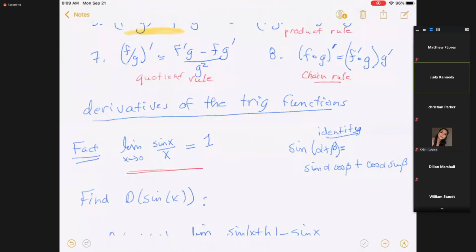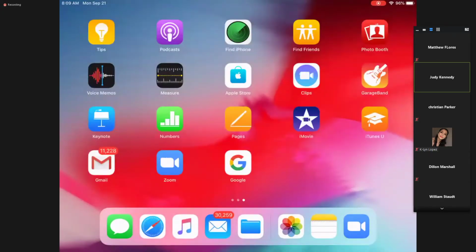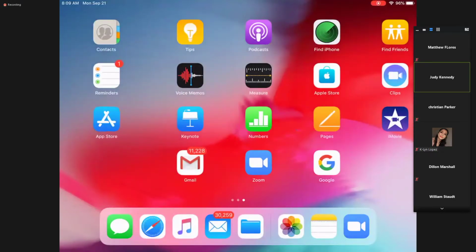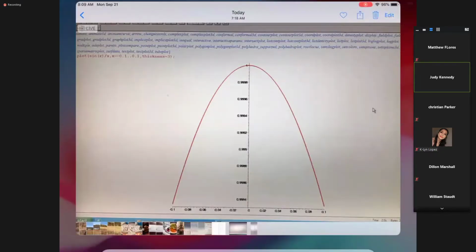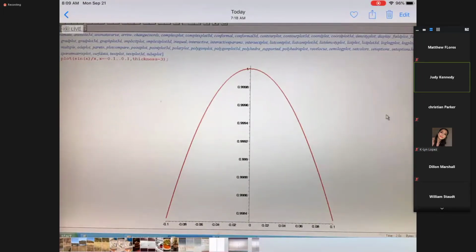I took a picture off my other computer this morning. Where is it? My photos. Yeah, there it is. This is the graph of the function sine of x over x.